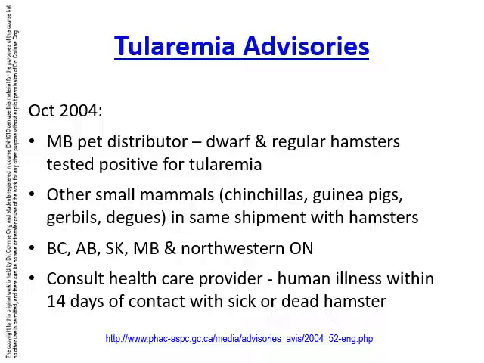This affected several provinces, BC, Alberta, Saskatchewan, and Manitoba, as well as northwestern Ontario. The advisory stated that healthcare providers should be consulted if any illness was encountered within 14 days of contact with sick or dead hamsters.